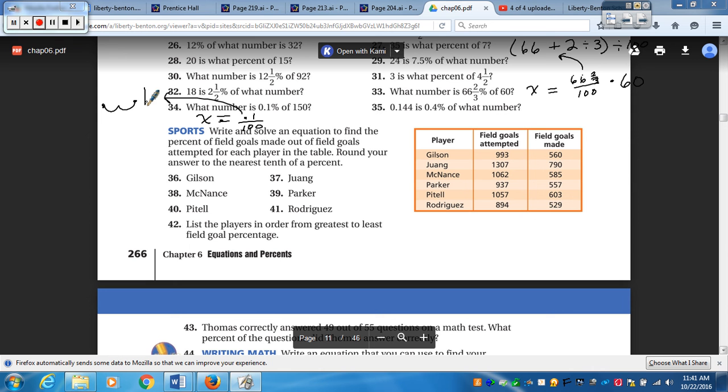So if it's 0.1, it'd be 0.001. You notice that 0.1 divided by 100 should be the same thing as 0.001, of 150, so times 150 right there. So again, that's how you'd want to work that out. Simple. You don't have to really solve for x. You just 0.1 over 100 times 150.